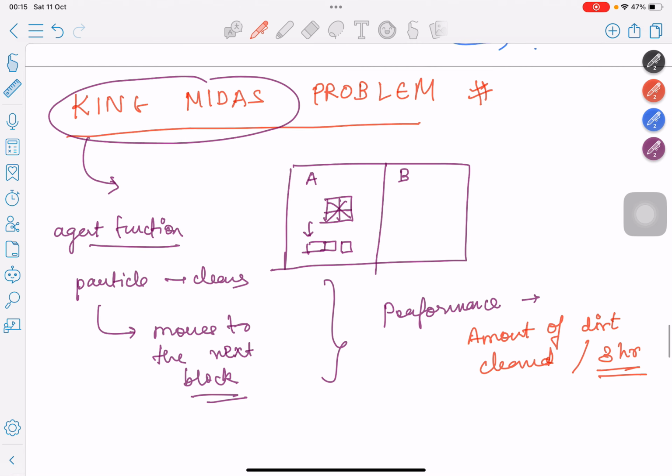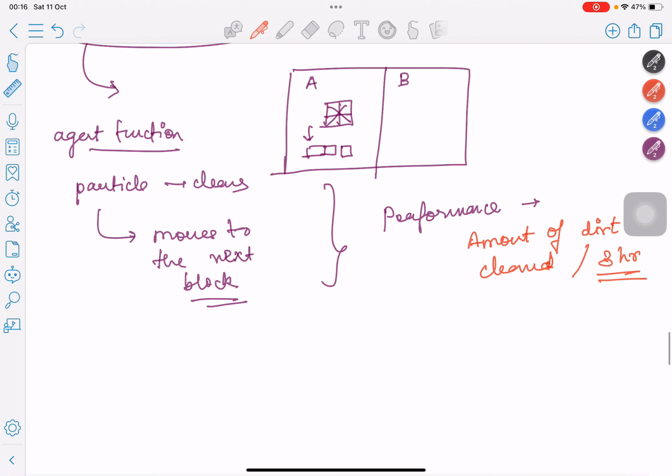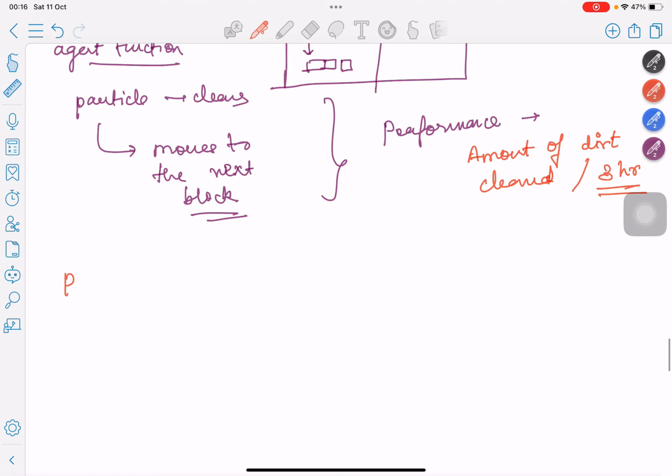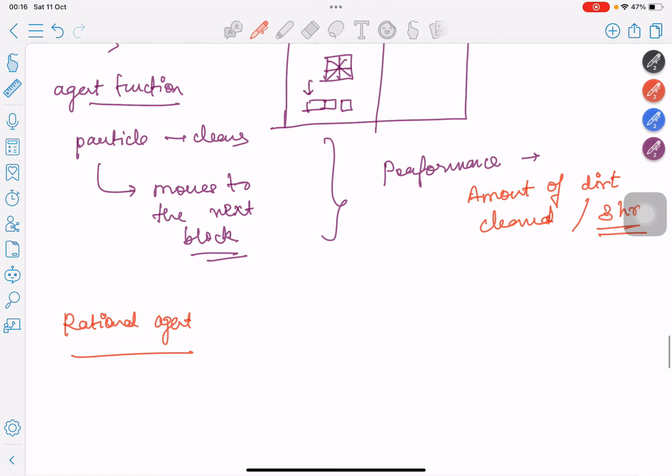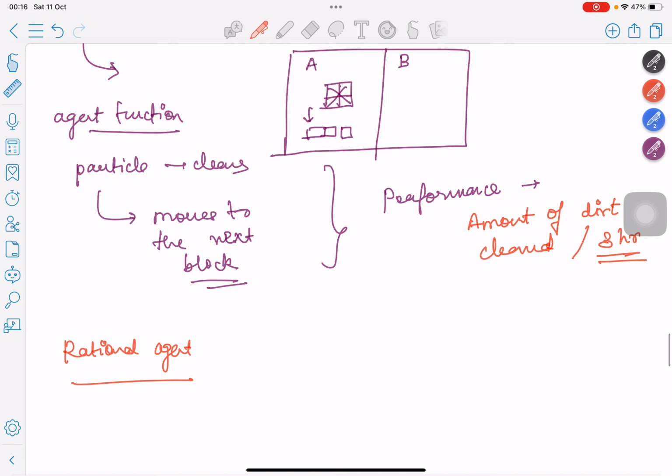If this particular agent is a rational agent, it means it does the right thing. It means that whatever you ask that particular agent, it will do that particular thing only. That's correct, because a rational agent can maximize this performance measure by cleaning up the dirt.